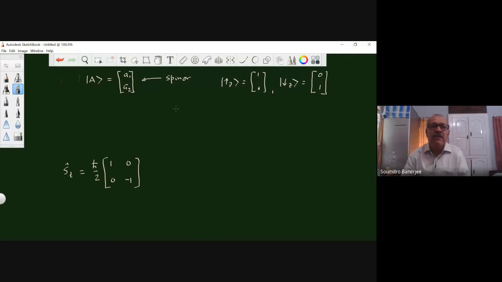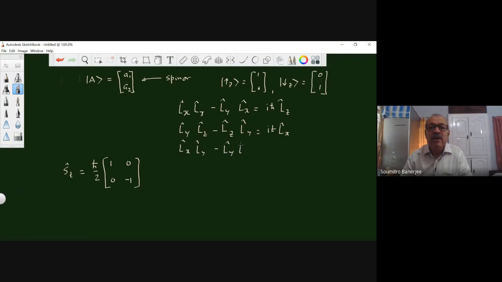And we have a relationship like Lx Ly minus Ly Lx is equal to i h cross Lz, Ly Lz minus Lz Ly is equal to i h cross Lx, and Lz Lx minus Lx Lz... Lx Ly minus Ly Lx is equal to i h cross Lz. So these are the equations that we had earlier obtained in terms of the orbital angular momentum.